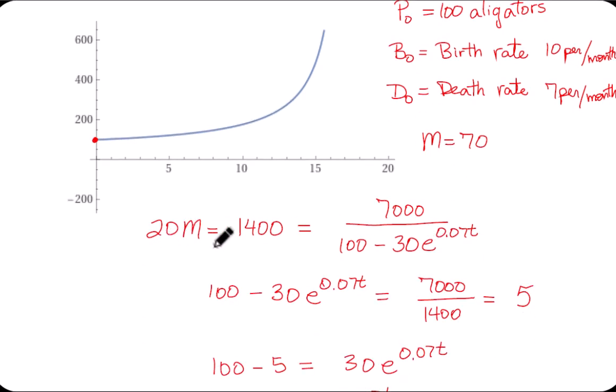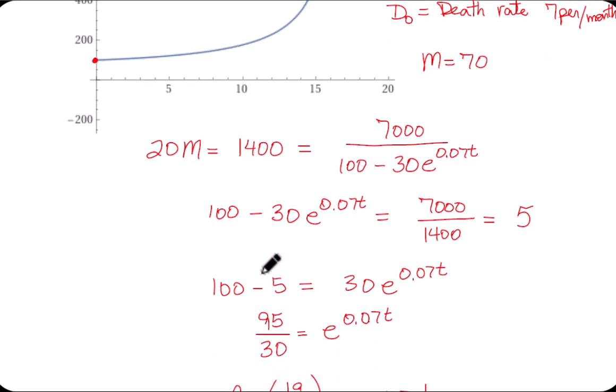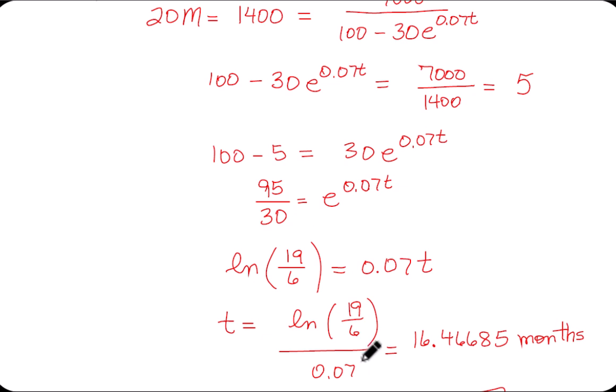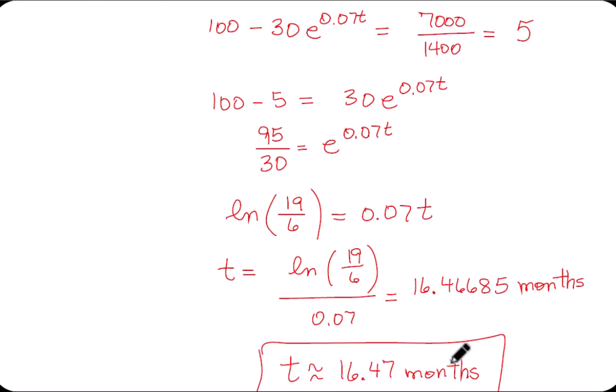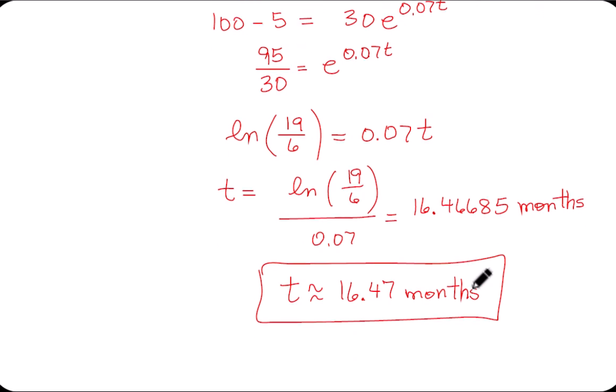Let's figure out when we are 20 times the threshold. If you grind through this, you find that T is ln of 19 over 6 divided by 0.07, that was my rate K, so 16.46 months, or you could round it to 16.47 months.